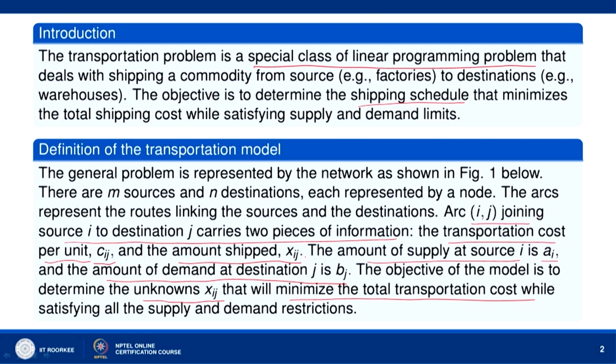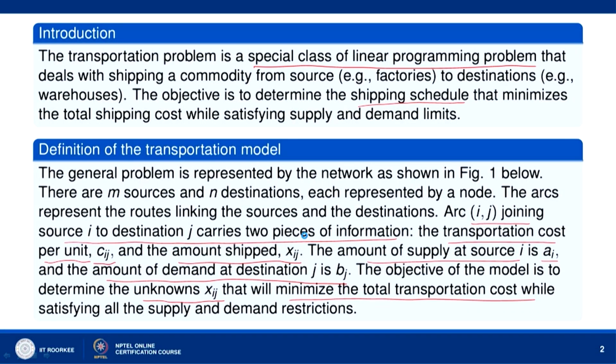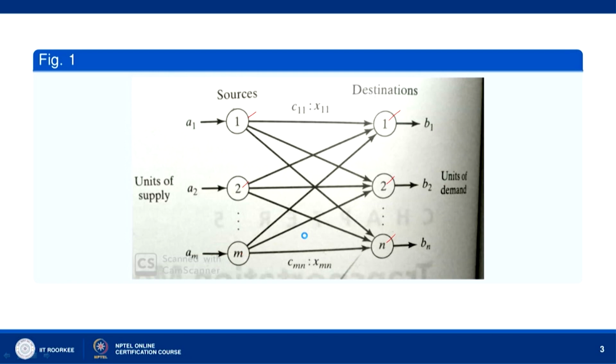The X i j's are unknowns. We have to determine the values of X i j for each i and j. This is the network that represents the transportation problem.